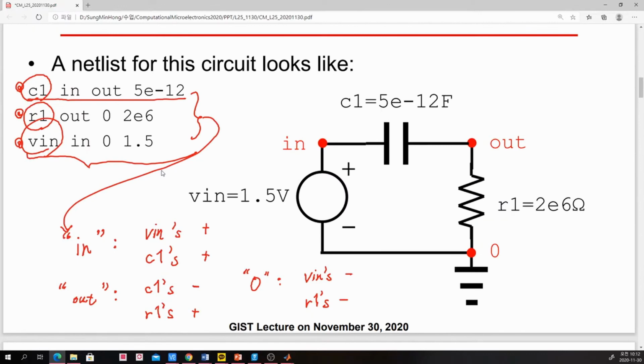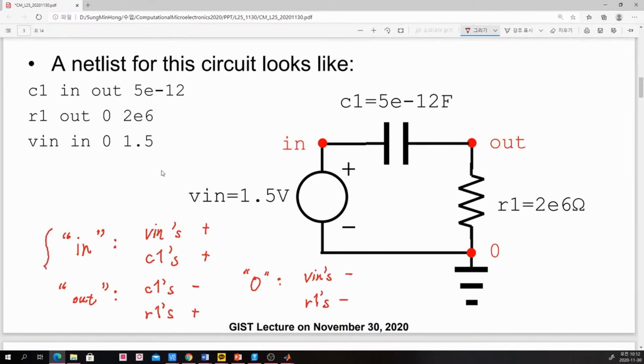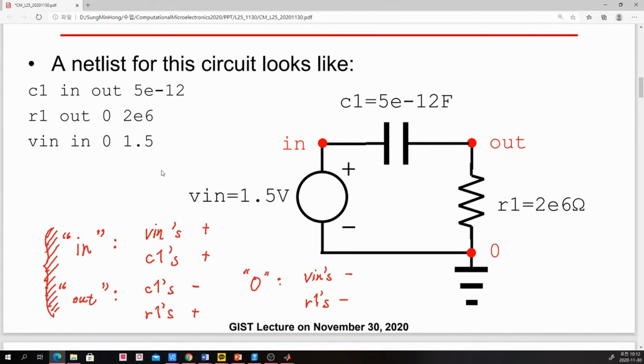So we have to extract that information. Once we have information about node connectivity, let's say that anyhow you have that information, then circuit simulation becomes greatly simplified.